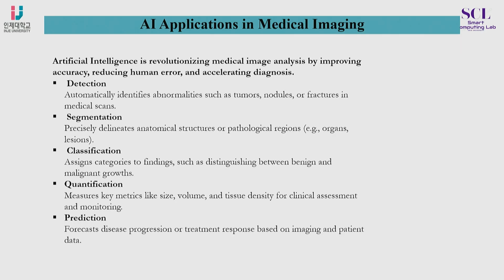Likewise, segmentation is used to segment out different parts of your images, for example, the tumor area and the normal area. We use classification as well, for example, whether it is normal, benign, or malignant, and other applications you can see here.